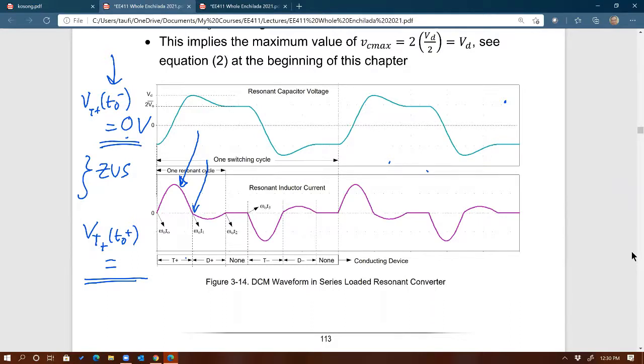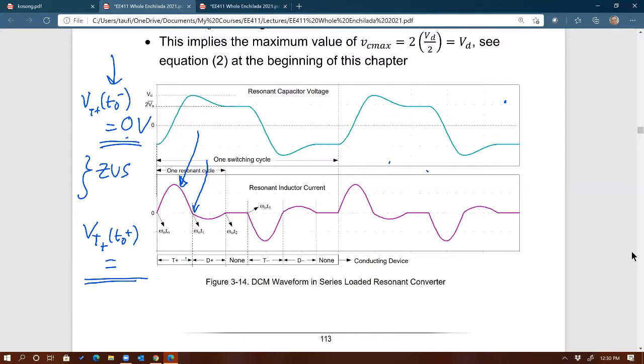And it's an ideal switch, right? And current through that switch is practically close to 0 before we turn off the switch, right? So there's a very tiny non-zero current through that switch, and therefore the voltage across that switch when it's conducting, since it's ideal, is going to be equal to 0. Any question on that one?